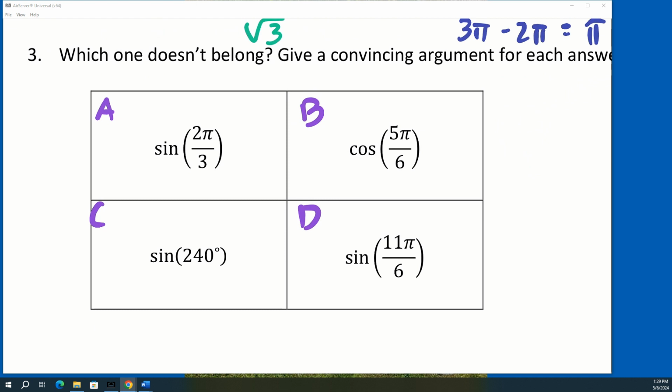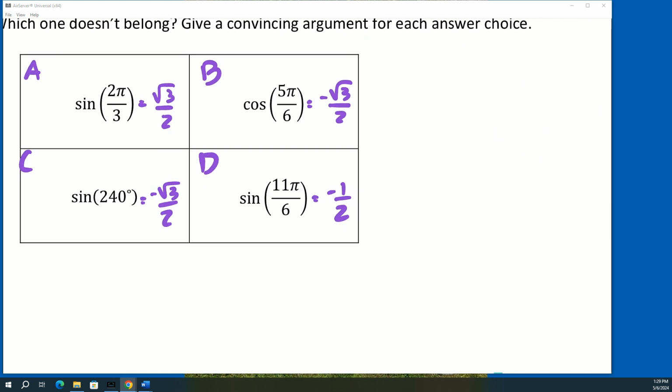So jot down what all those equal, please. Which one doesn't match? Which one do you think doesn't belong? They all could be the right answer.